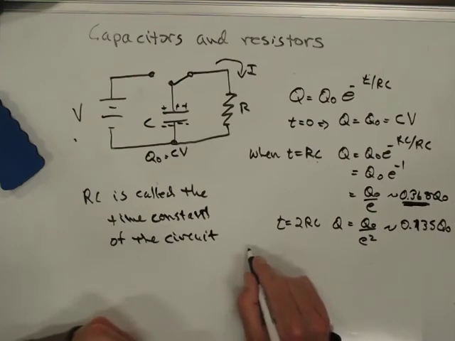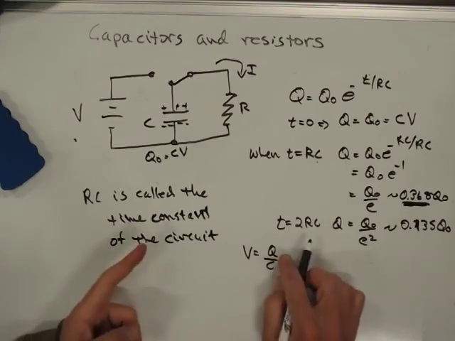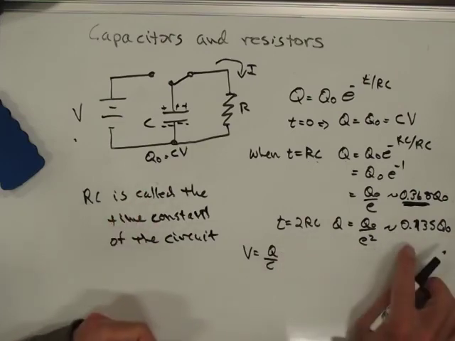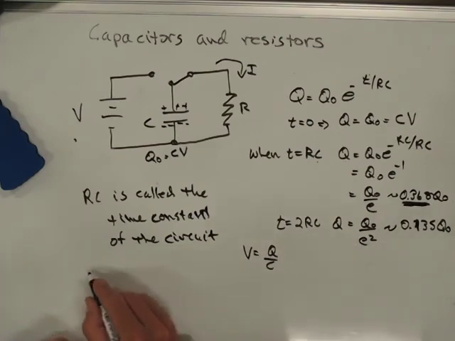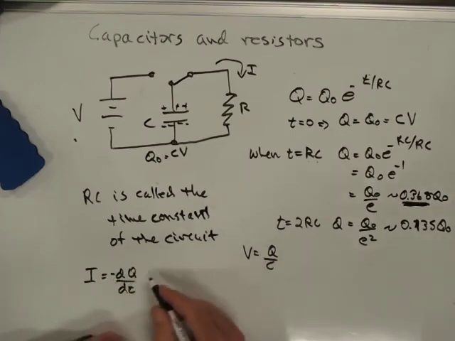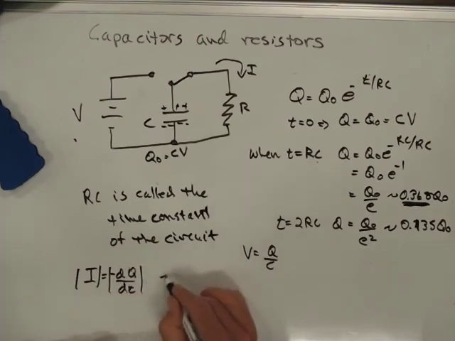Again, V is equal to Q over C. And so you could say the same thing about the voltage on the capacitor. It will reduce at the same rate as the charge on the capacitor. You can also say, since the current through the resistor is equal to dQ/dt, or technically minus dQ/dt, but the magnitude of the current is just dQ/dt, right?